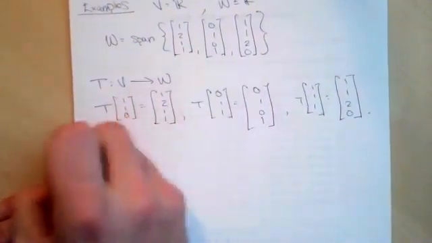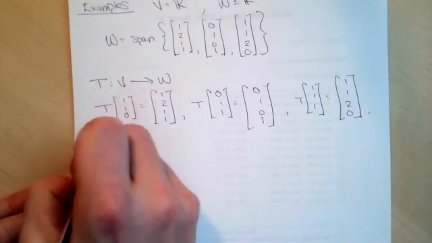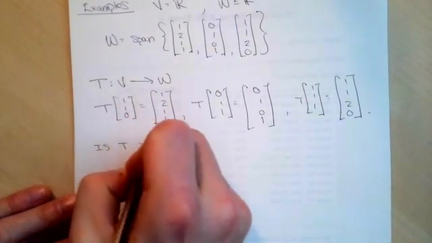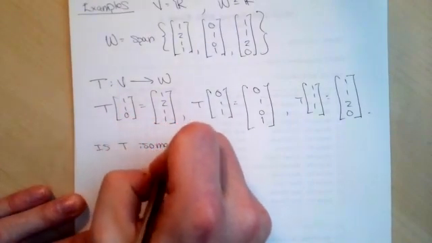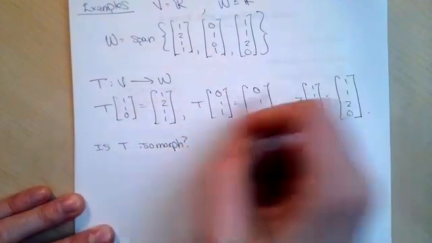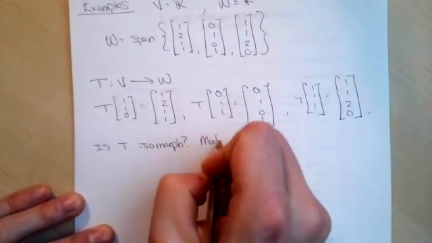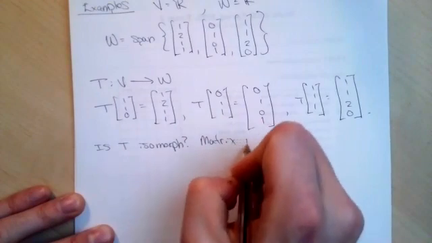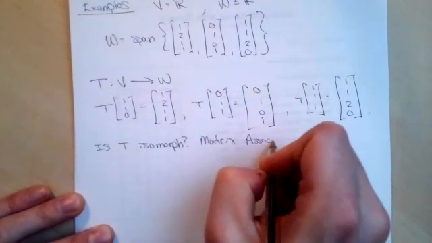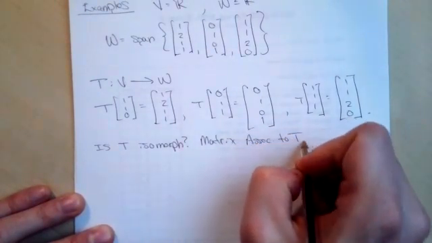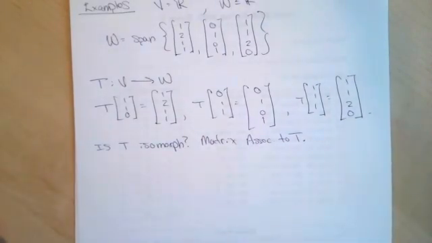So things we want to understand: is T an isomorphism? And then maybe we want the matrix associated with T.